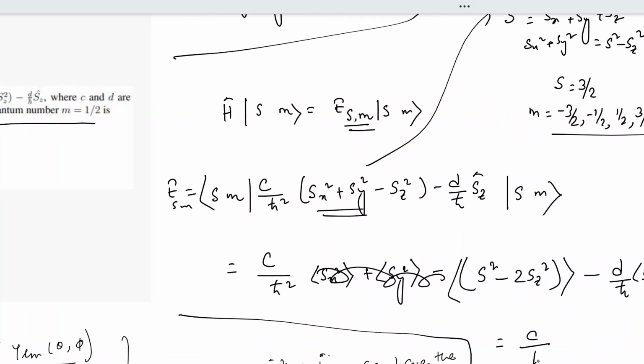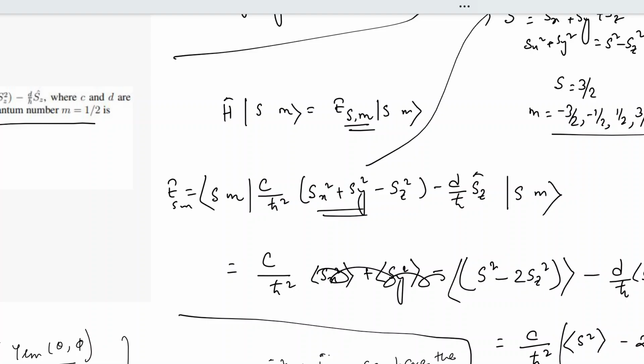So this is C by ħ squared, S squared average minus 2 Sz squared average, minus D by ħ Sz average. So you have C by ħ squared, s into s plus 1 minus 2 into m s squared, the whole thing times ħ squared.